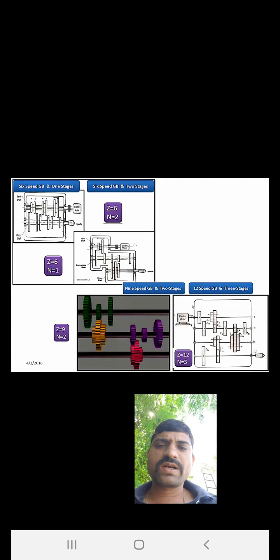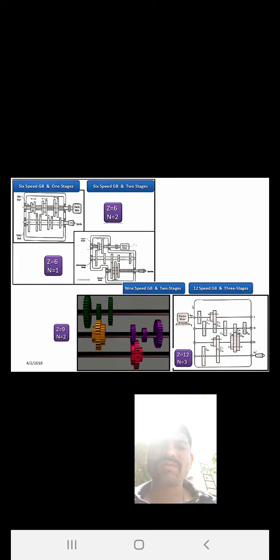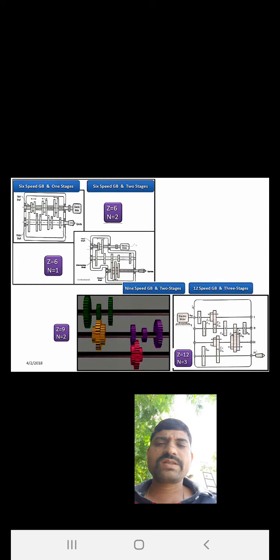In the first figure, Z is equal to 6. You will get 6 different pairs, that is 3 into 3, or 3 plus 3, giving 6 gears on each shaft. That's why Z is equal to 6.